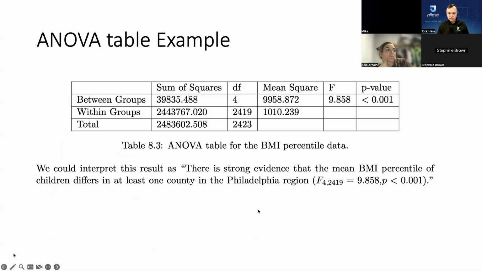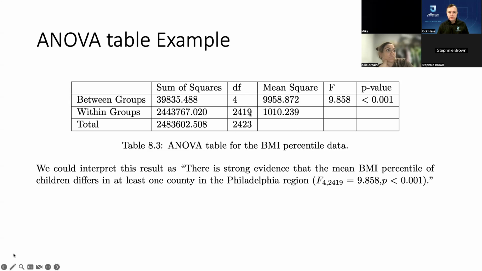So let me write that out. Philly is equal to Bucks, equal to Delaware, equal to Chester, and the Delta. So I've got 1, 2, 3, 4, 5 groups. 1, 2, 3, 4 equal signs, 4 degrees of freedom in the numerator of this test.